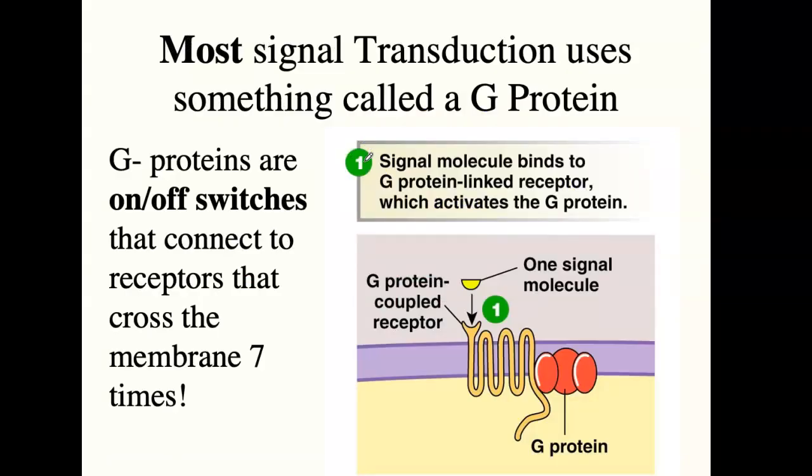Most signal transduction uses something called a G protein. And what's that? A G protein is like a switch, and it's going to connect to that receptor. So in this diagram, let's look at it. You have your signal molecule, which is your hormone, and a receptor. It's going to engage here.